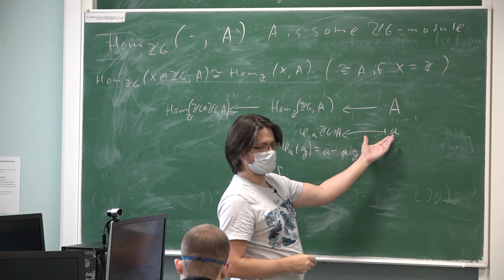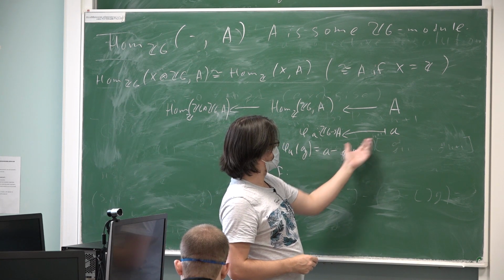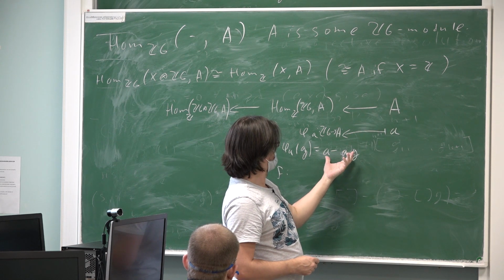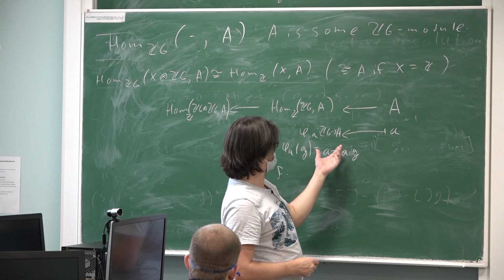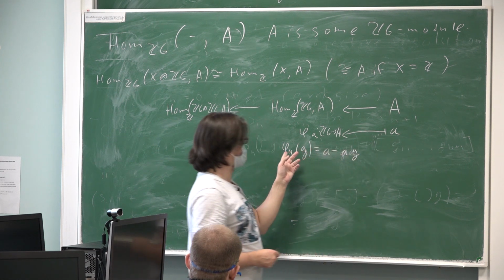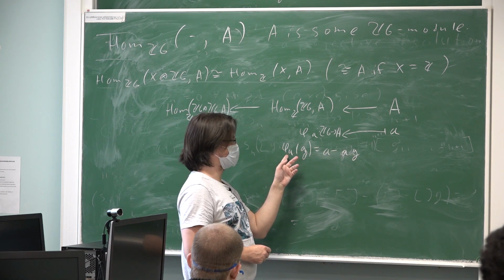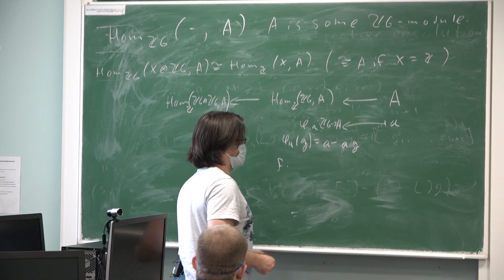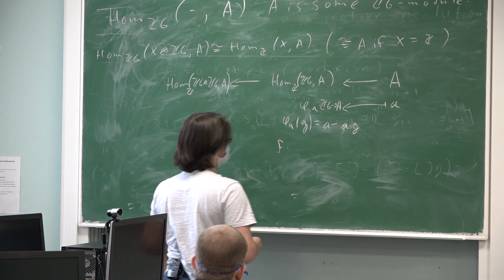In this way we see that really the kernel of this map is the invariants. A lies in the kernel if phi A is 0, which happens if for any g this is 0. So for any g, a equals ag.